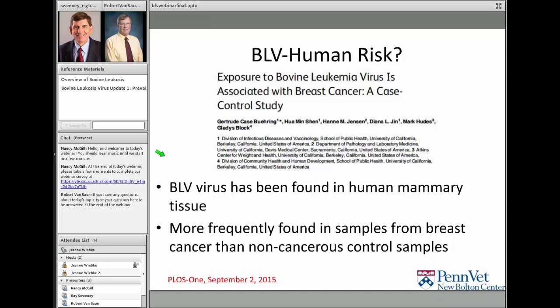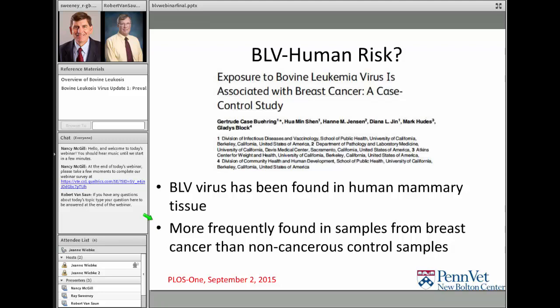And what they found was somewhat earth-shattering, and that is that in the women that had breast cancer, they more frequently found the BLV virus than they did in the non-cancerous controls. And the more virus they found, the more likely the woman was to have cancer.